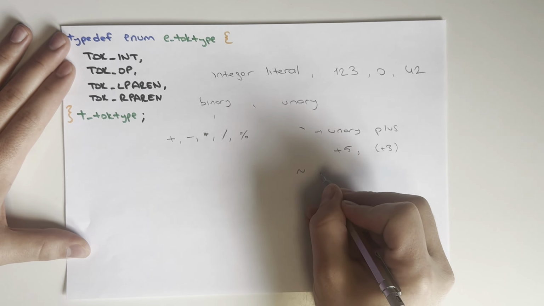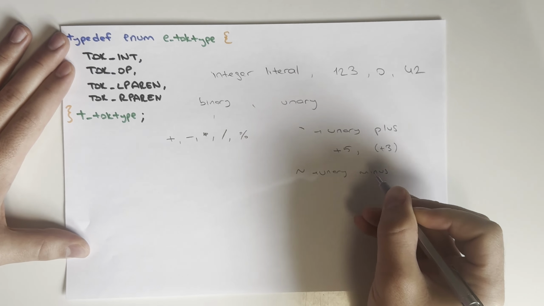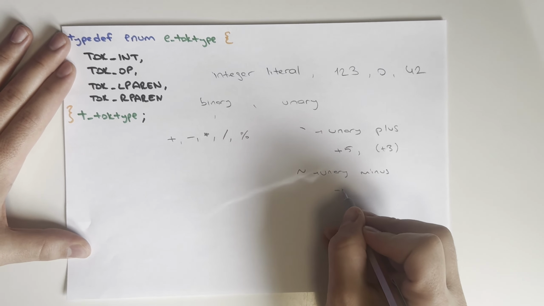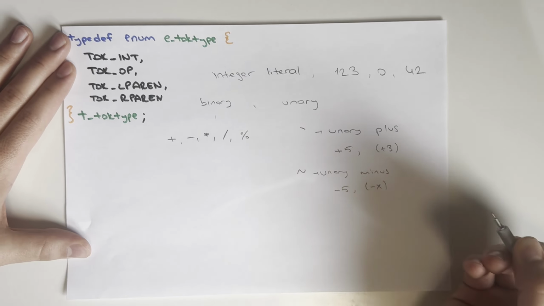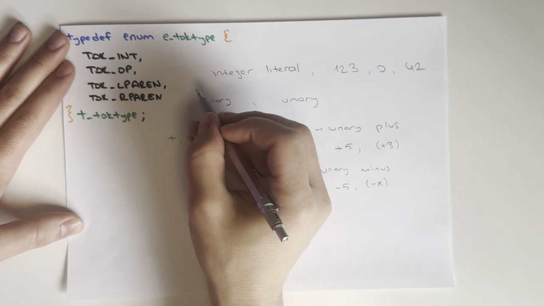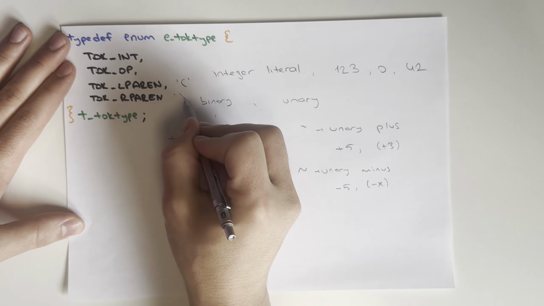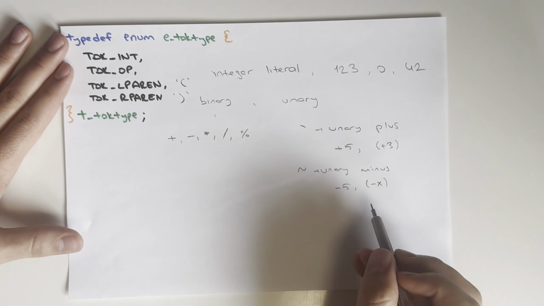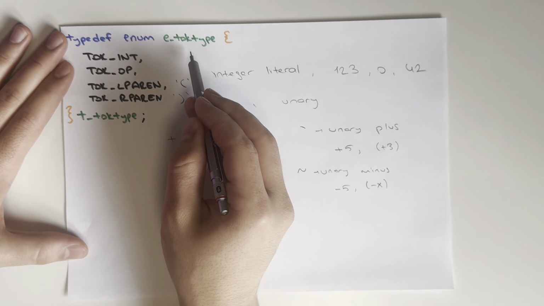It will be unary minus, which will be like minus 5 or some number in parentheses. And we have token left parenthesis. This is self-explanatory, just left parenthesis. And we have token right parenthesis. And this will be captured in our token type.